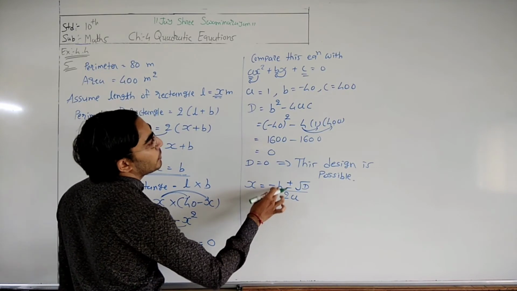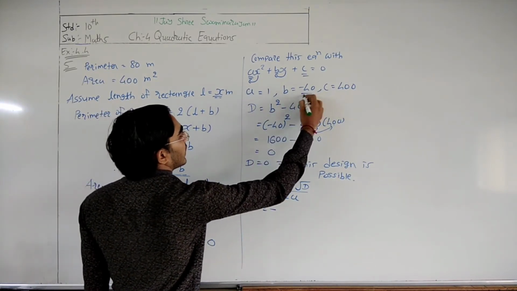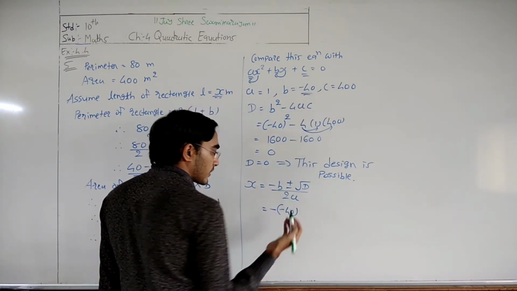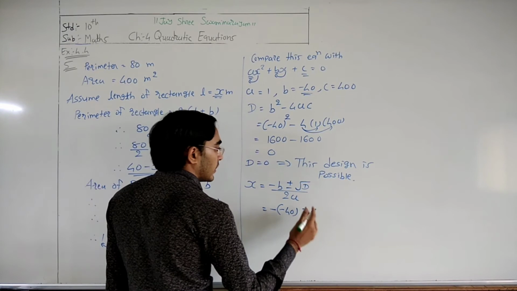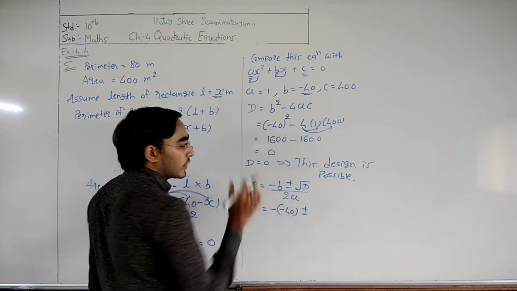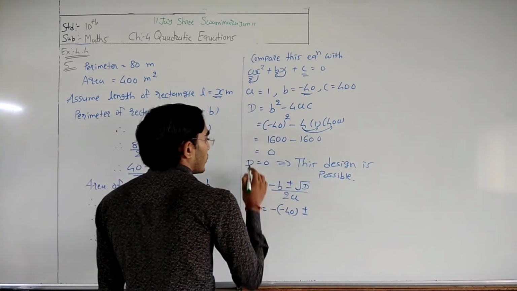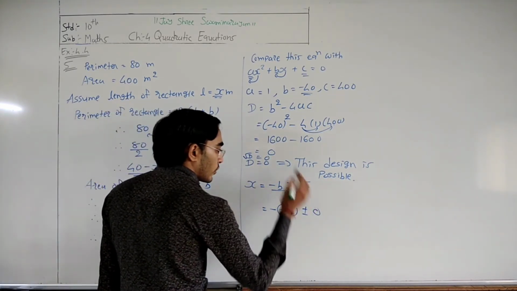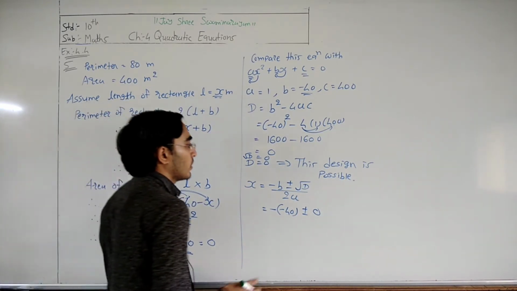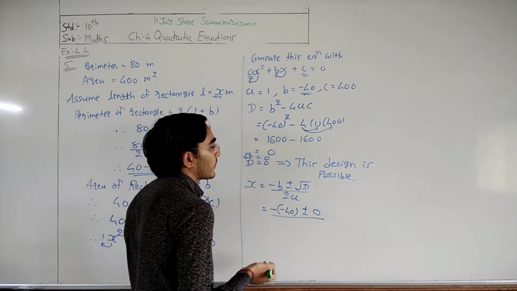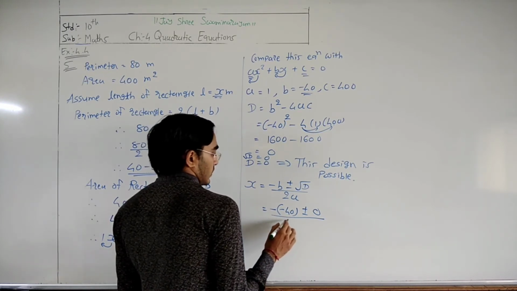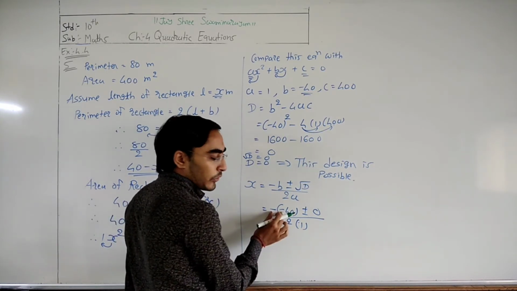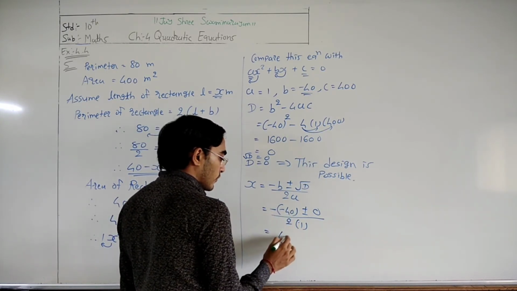Now we need to put in the value of b, but b itself is a negative number, so we need to write it in the bracket. Then plus or minus under root d. The value of d is equal to 0, so under root d is also 0, divided by 2a, 2 multiply a, which is 2. Now minus minus plus, 40 multiply 1, 40.